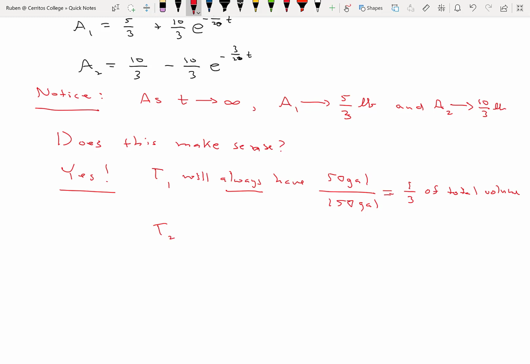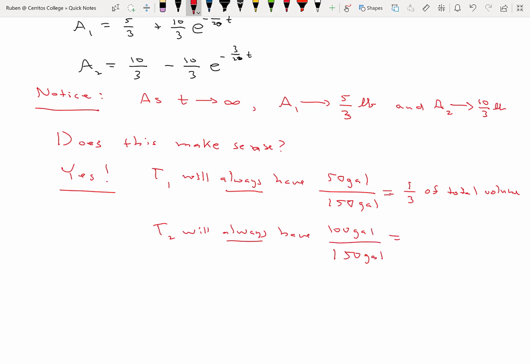On the other hand, tank 2 will always have 100 gallons in it, and there will always be a total of 150 gallons in both tanks.